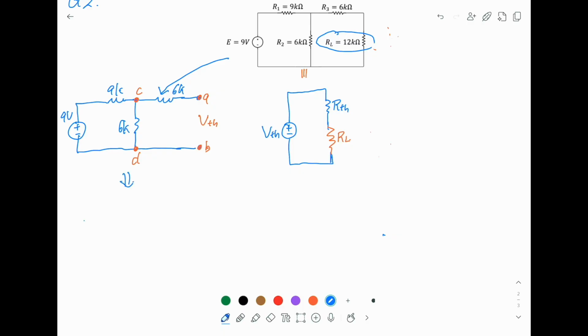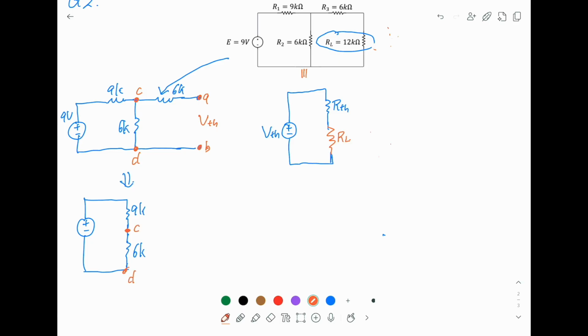And this is your 9k. And this is your 6k. So I first remove the 6k, and this point here is our C, and this is our D.